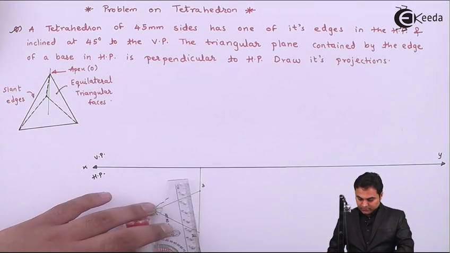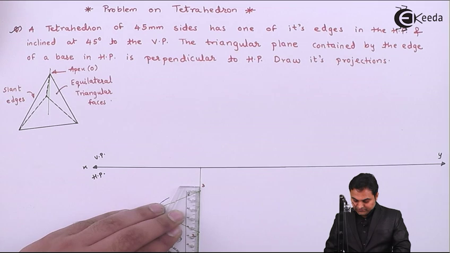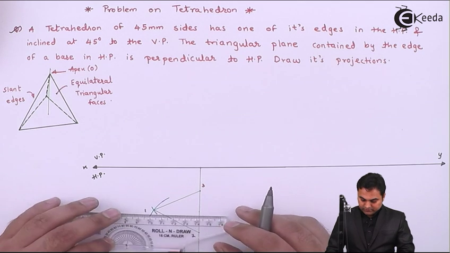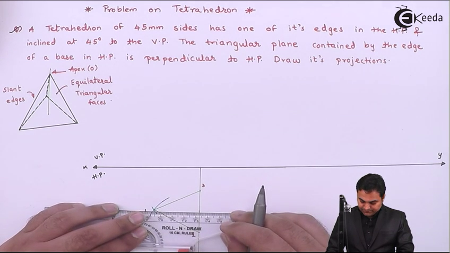Then I'll mark the midpoint of this side, which is 45 mm side. So the midpoint of it will be at 22.5, connecting it to the opposite corner.